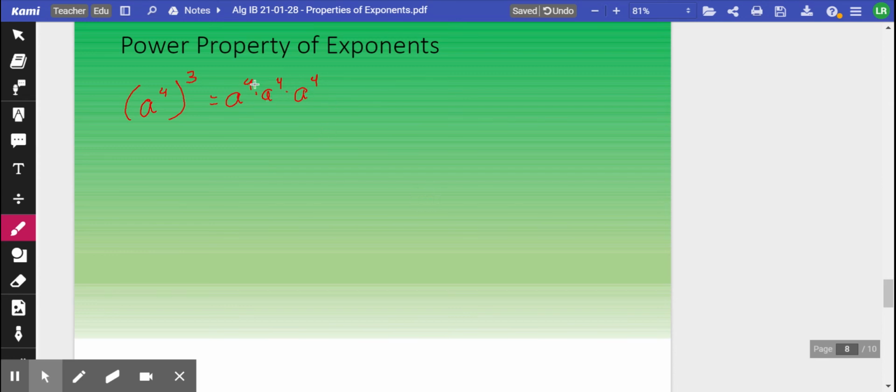Now we have our addition rule, which means I can go ahead and add all those together because they're all base a's. 4 plus 4 plus 4 would be 12. But I can do a shorter version. Okay, so here's a rule.